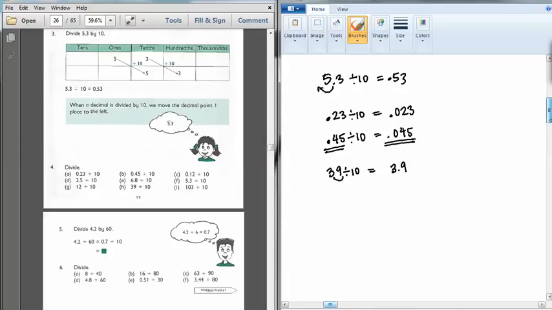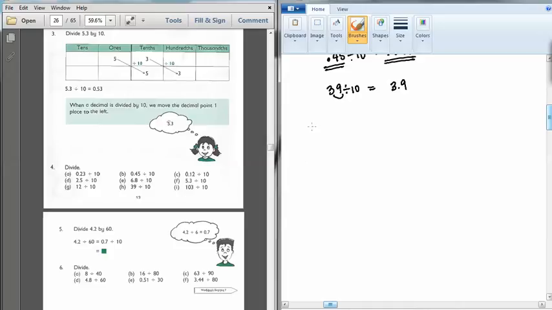Alright, let's try this one. 4.2 divided by 60. What I'm going to do is think of this as 4.2 divided by 6, and then divide that by 10. I think it's easier to see with the denominator. So 4.2 divided by 60 is the same as 4.2 divided by 6, and also keep in mind there's a 10 down there.